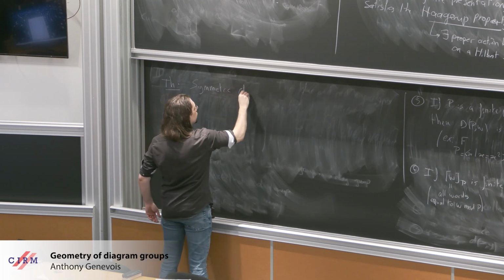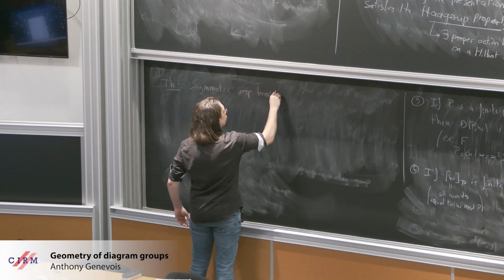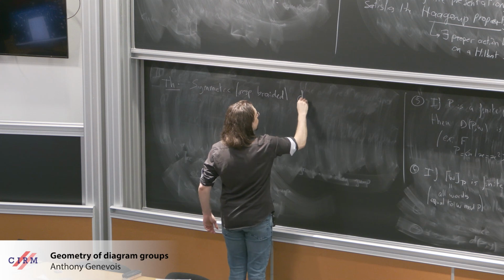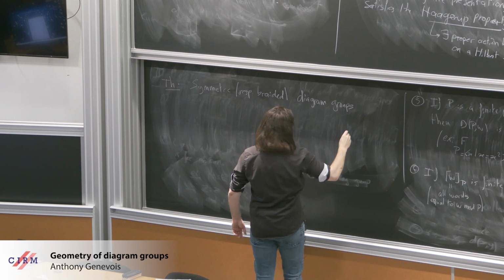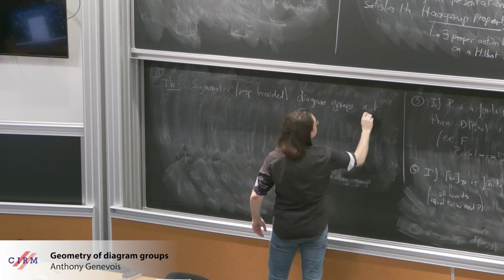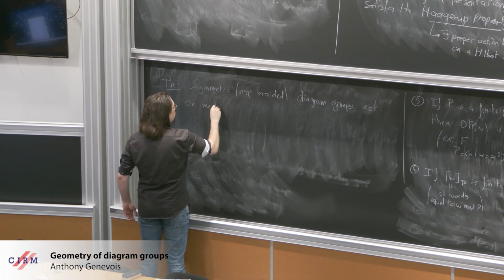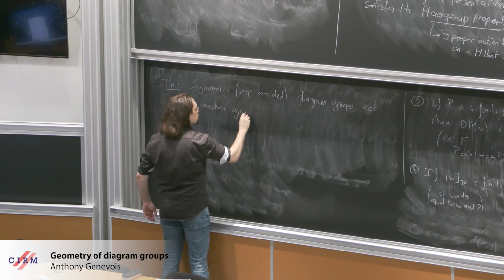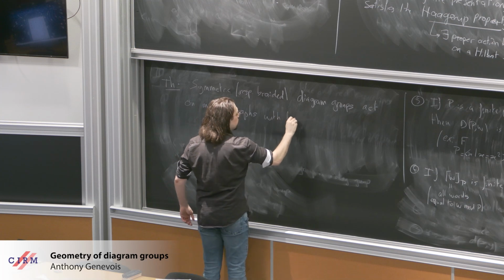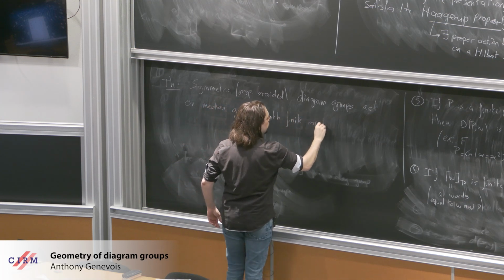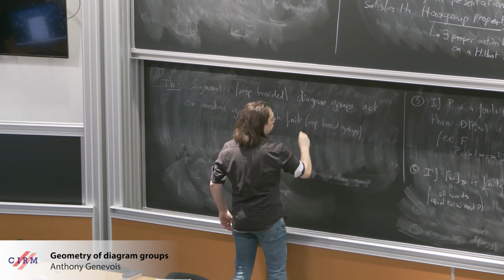So symmetric diagram groups, respectively braided, act on median graphs with finite, respectively braid groups, stabilizers.